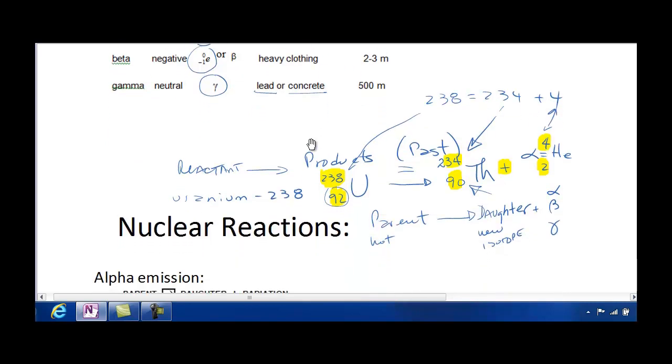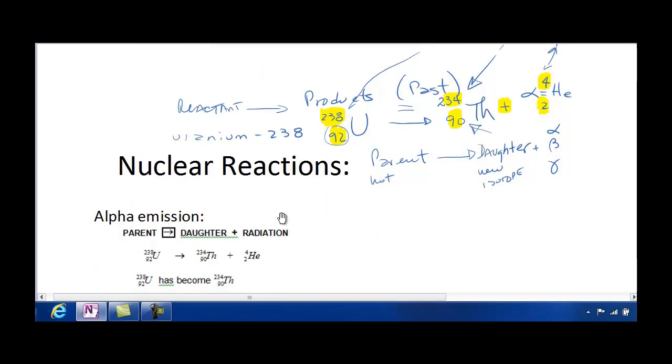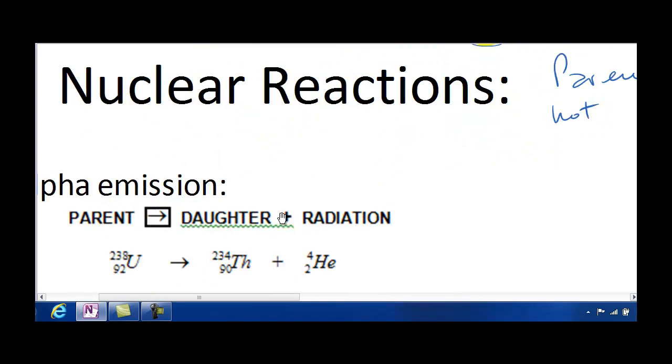So who was my parent? Uranium-238. And who's my daughter? Thorium-234. And why do I know it's 234? Because alpha was emitted. But I don't start up there, I really start down here.